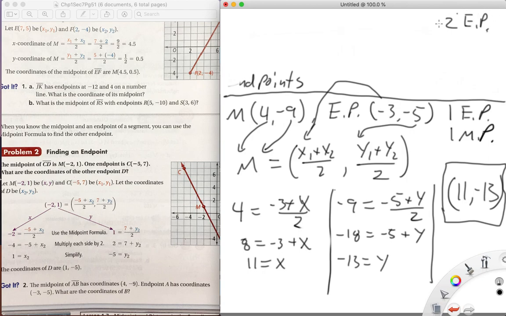So we would get 2 endpoints in the previous example. We're supposed to find the midpoint. In this example, we're given an endpoint and the midpoint, and we're told to find the other endpoint.